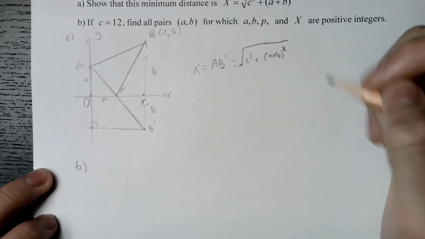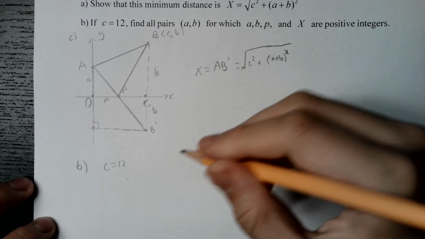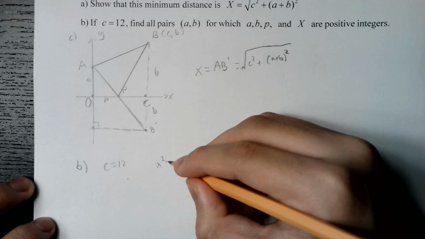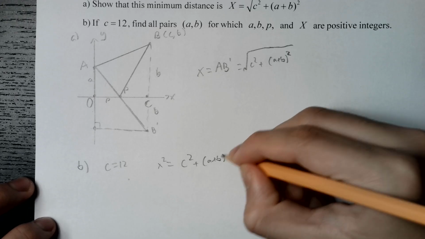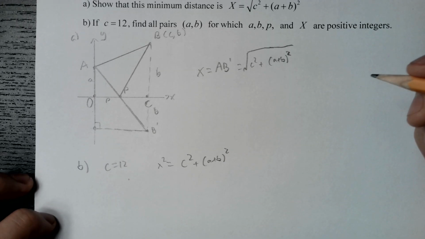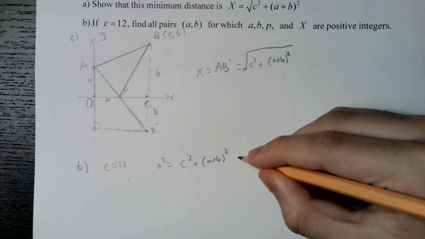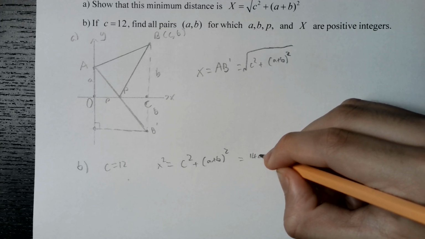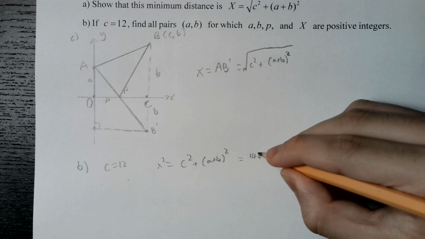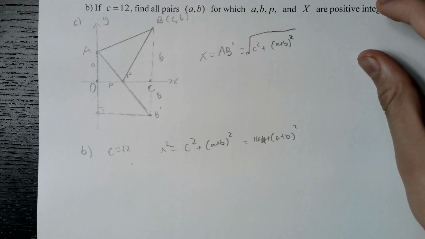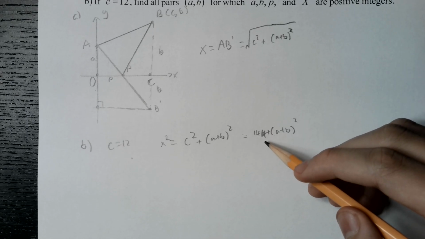Part B. So C is going to be equal to 12, as given for the question. And we now know that X squared is going to be equal to C squared plus (A plus B) squared, as proven in part A. Because we know that C is equal to 12, we just plug this in right away and receive 144 plus (A plus B) squared. Let's move (A plus B) squared to this side with X squared, and keep 144 here.